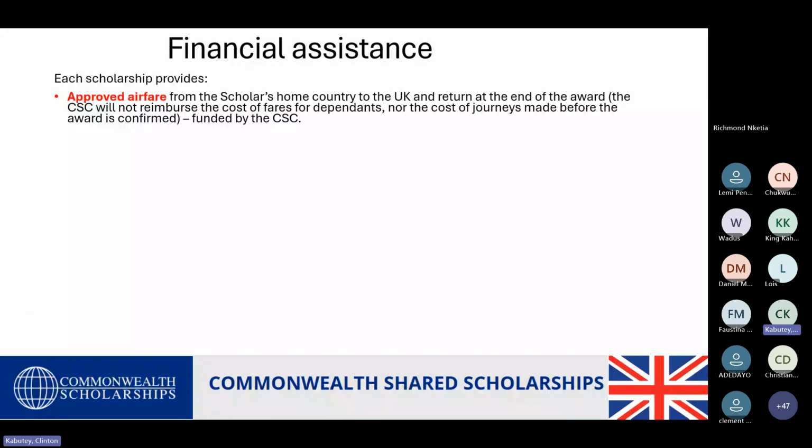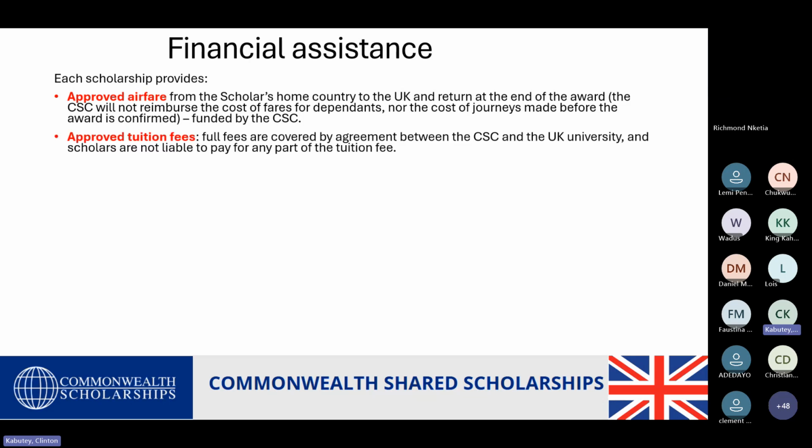Next, you're looking at the financial assistance that you get from this scholarship. We have approved airfare from your home country to the UK, and upon your return journey, you also get an airfare that will take you back at the end of your scholarship. We also have approved tuition fees, so your fees are being catered for.